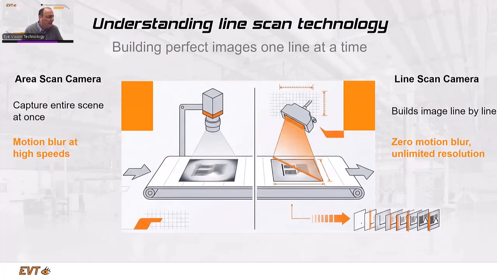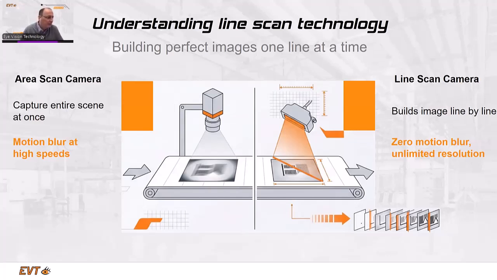So we have here a small schematic of the difference. On the left side, we see an area scan camera, which captures an image in full. And on the right side, we have the line scan camera, which always captures one line and connects these lines finally to one big image.